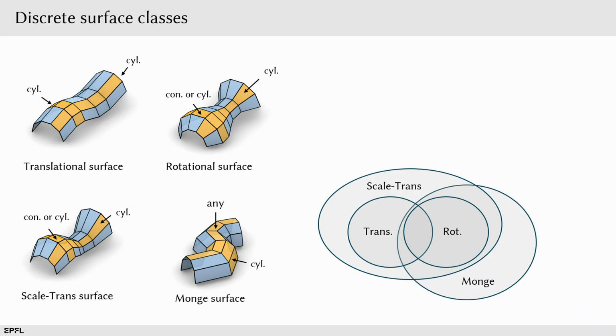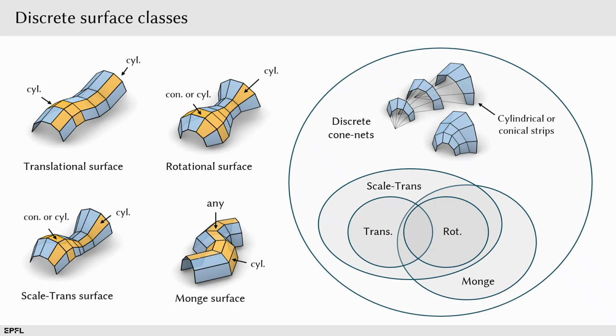So a natural question here is how can we extend this construction, Monge, to support conical strips, and in practice expand the design flexibility that we have with Monge surfaces. This brings us to discrete cone nets, which is a class of PQ meshes that exactly consists of cylindrical or conical strips. Cone nets encompass all the four surface classes that we have seen before as special cases.